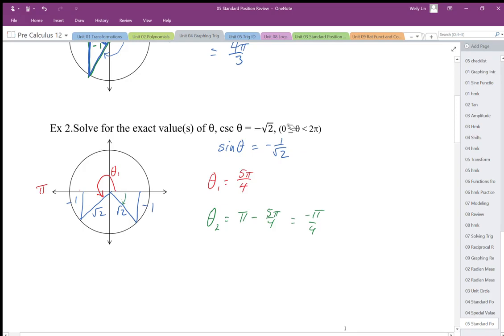So although this is a formula for theta 2, if we can see the diagram and understand the symmetry, we know going around this way, I'm going to be 1/4 pi short of 2 pi. So it's going to be 7 pi over 4. This is the one that we're looking for. The other is technically correct, but it does not match the domain that we were given here.